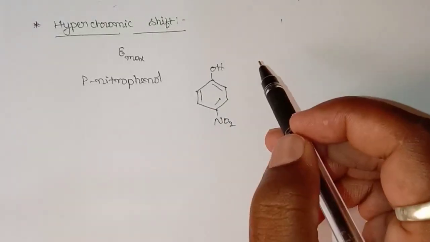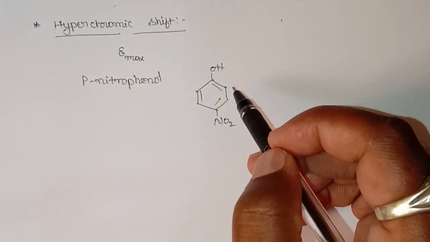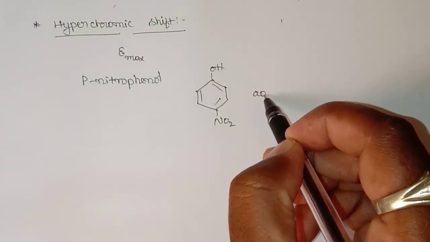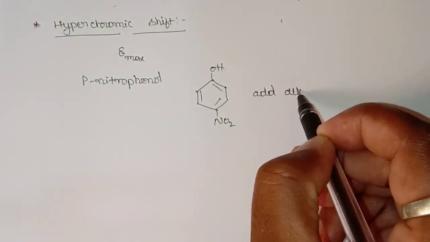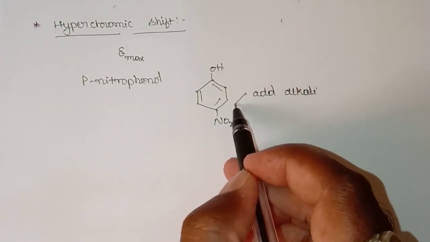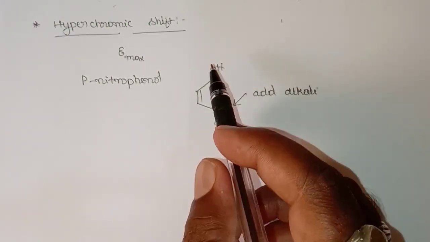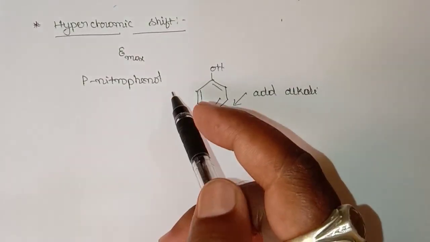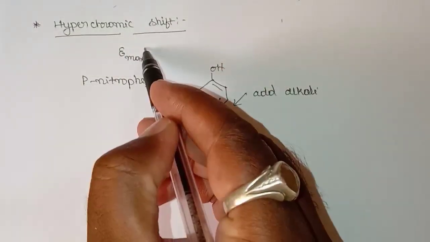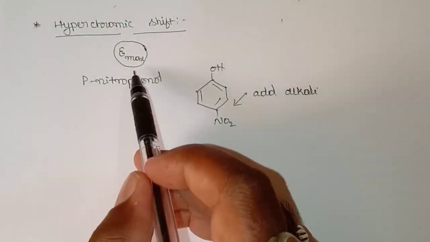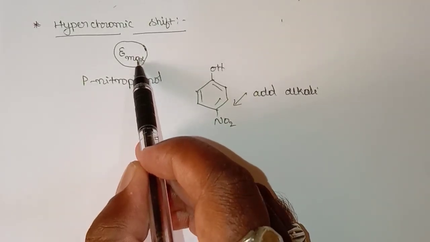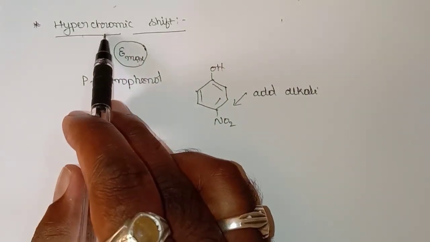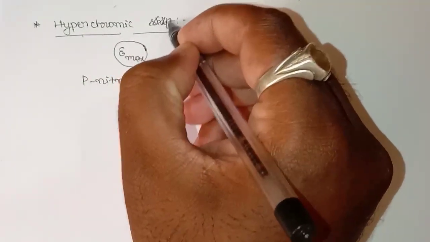Paranitrophenol is more acidic in nature, so when you add a base, that is an alkali, to it, the intensity of the maximum absorption increases. Such an increase in epsilon max, the molar extinction coefficient at lambda max, the wavelength of maximum absorption, is called the hyperchromic effect.